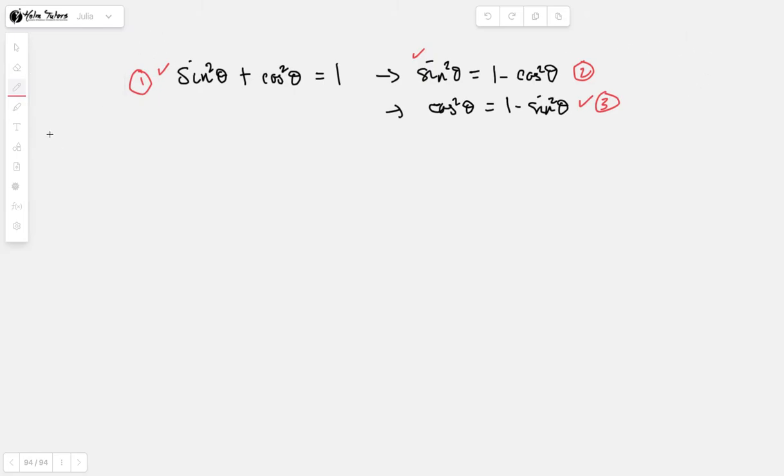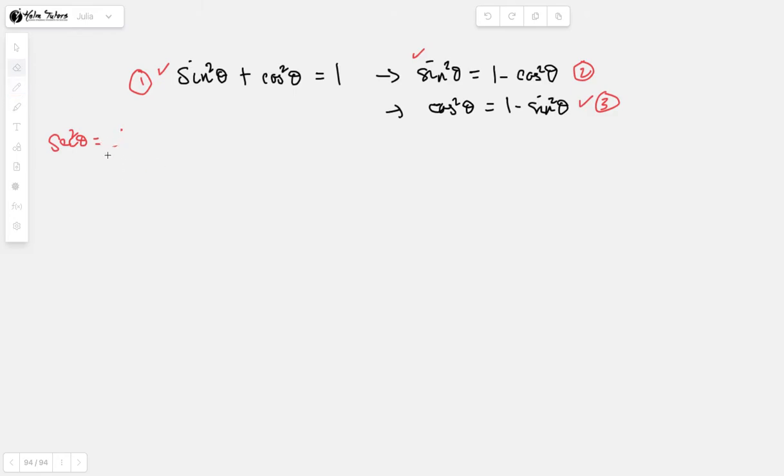If I write secant squared theta, how do you interpret it? I'll get you started: 1 over cosine squared theta, right? Yeah, you got it.